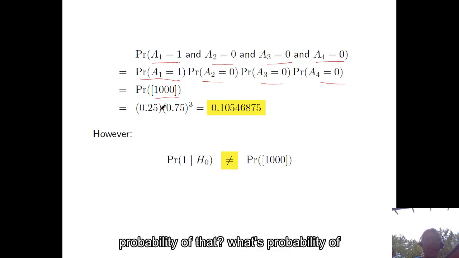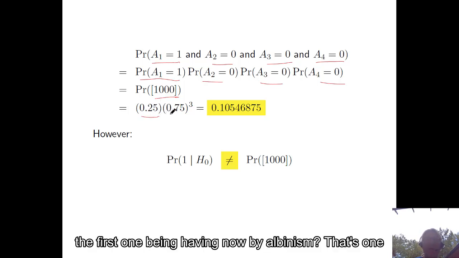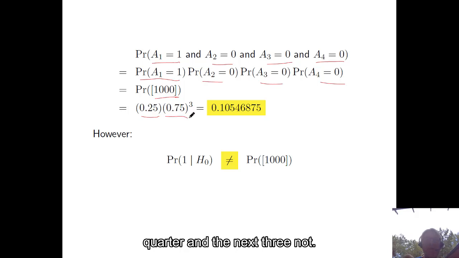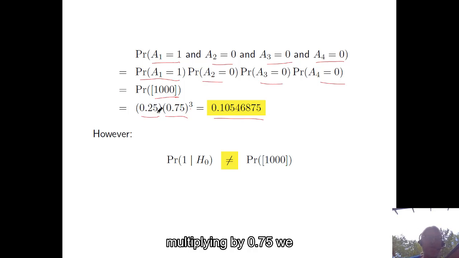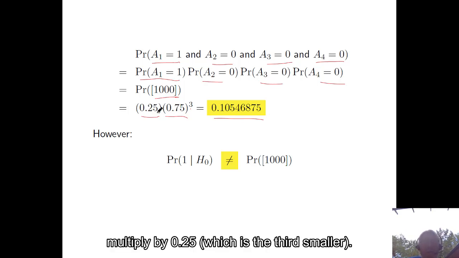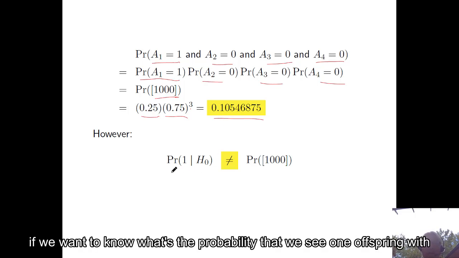So what is the probability of that? Well, it's the probability of the first one having albinism, that's 1/4, and the next 3 not. So 0.75 raised to the third power. And that's 0.105. It's 1/3 of the previous number because instead of multiplying by 0.75, we're multiplying by 0.25, which is a third smaller.